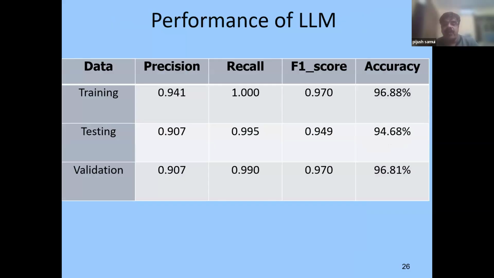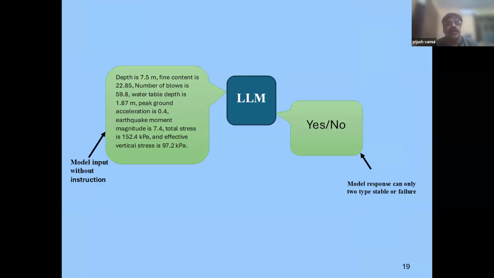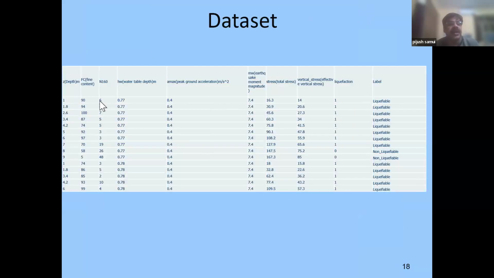After that, I have done some tuning. There are plenty of parameters, and many of them have some correlation. For example, if you go back to the data set, we have the fines content, N160 and effective vertical stress.